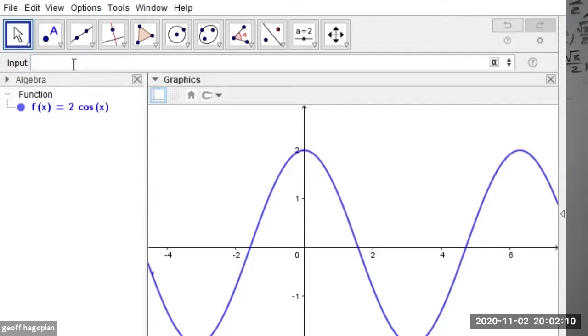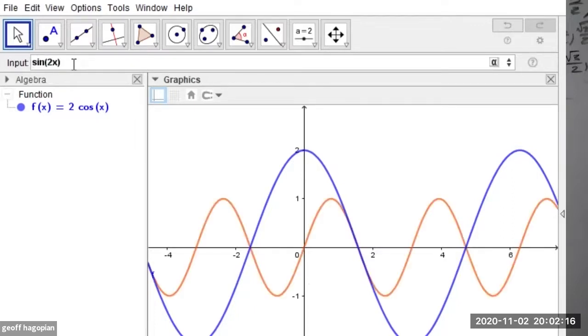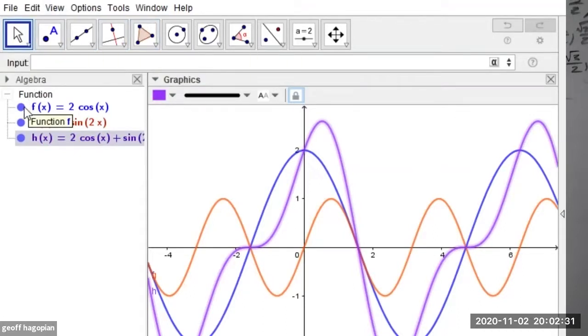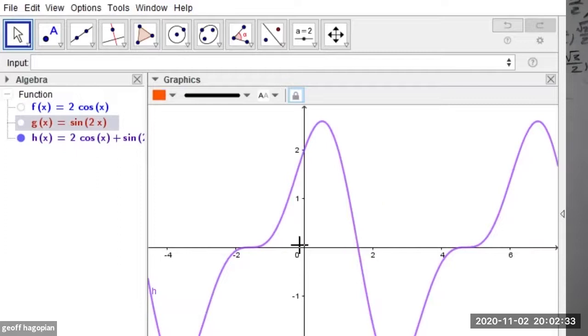And here's going to be sine of twice x. That's that curve. And then I'm going to say f of x plus g of x. And that's that purple curve. If I turn these guys off, you can see that's a weird waveform. That's not a sinusoid.